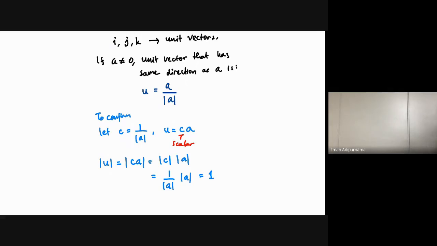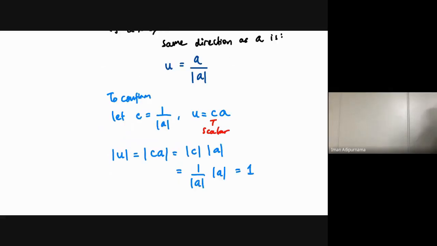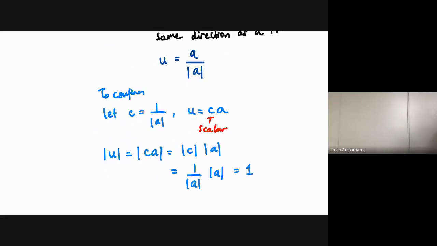Okay, so I believe that's some intro of a vector. So after this, we will go to the dot product and the cross product. Okay, any questions? I think you are already familiar with vectors, right?